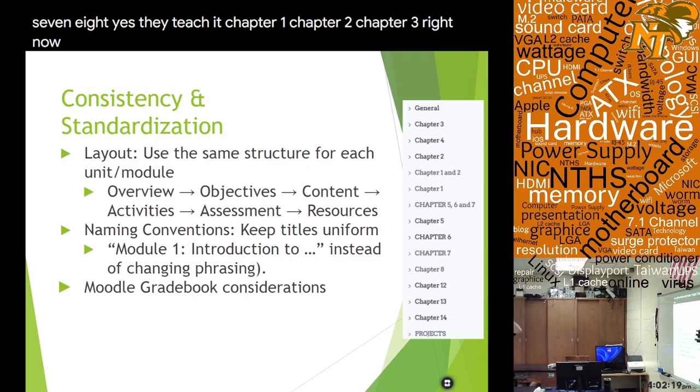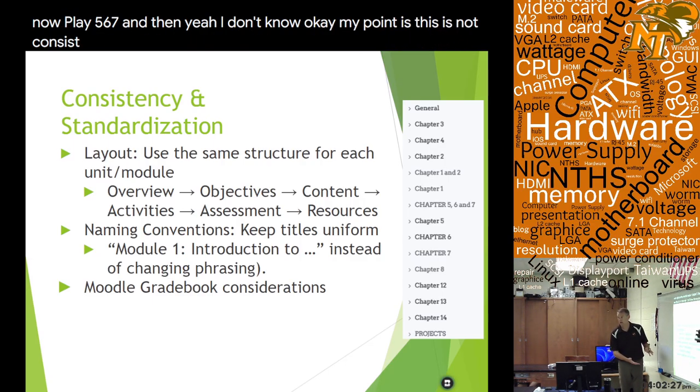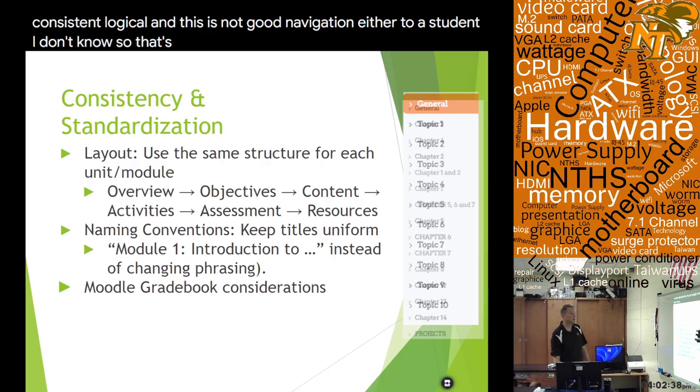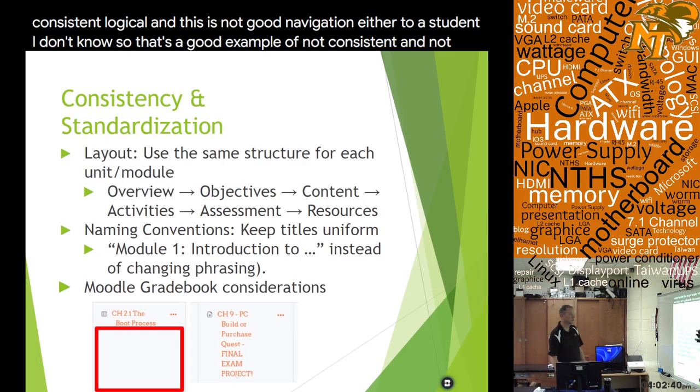And then they put 5, 6, and 7, and then, I don't know. My point is, this is not consistent, logical, and this is not good navigation either. What are we on? What are they for? What does that mean to a student? I don't know. So that's a good example of not consistent and not logical.